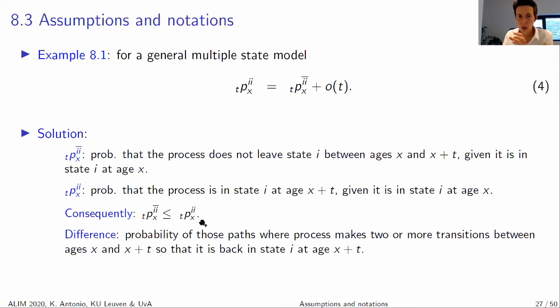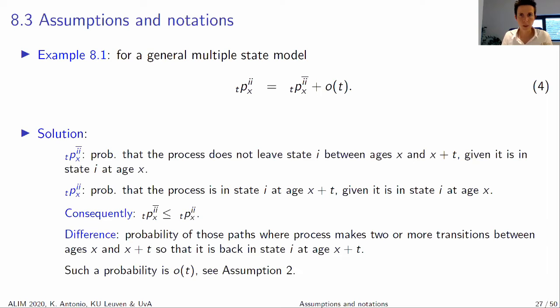So in order to start in state i at time 0 and again be in state i at time t, that would mean that you make at least two moves in an interval of length t. And we know by assumption number 2 that this probability of doing two or more transitions in an interval of length t is little o of t. So that explains the difference here between the left and the right-hand side.